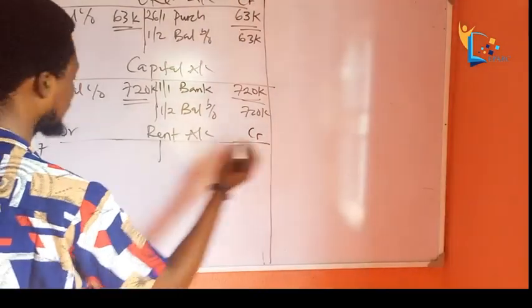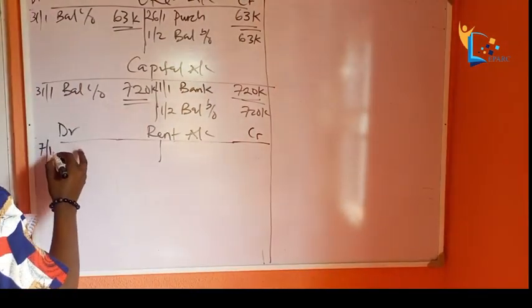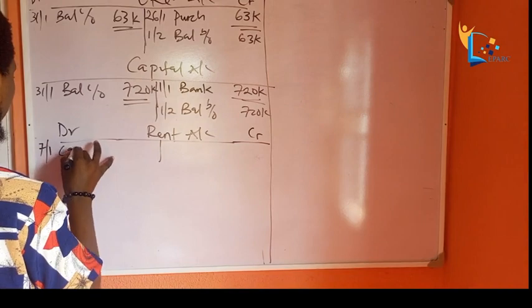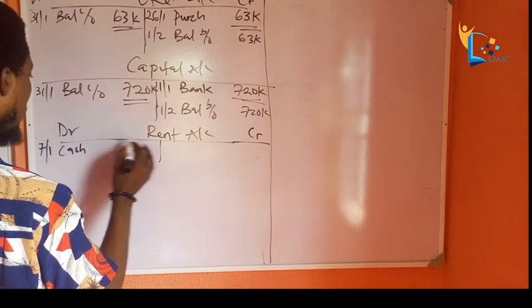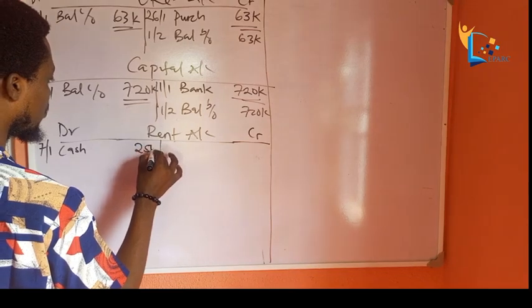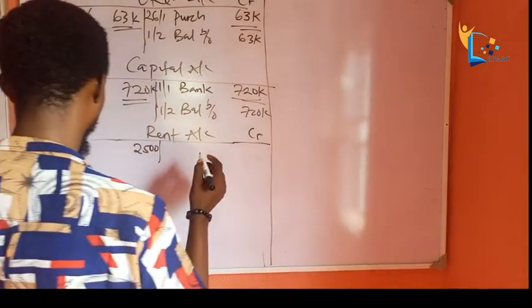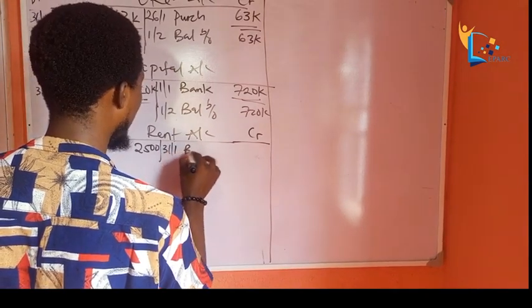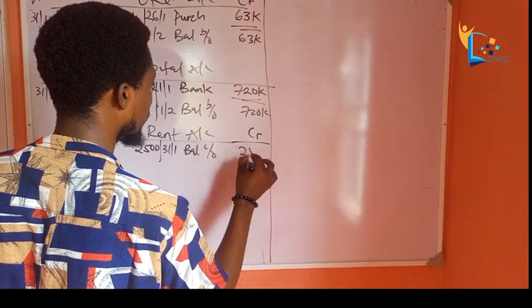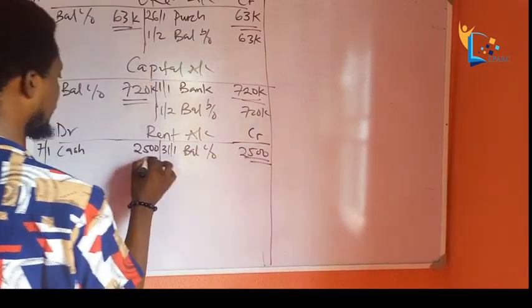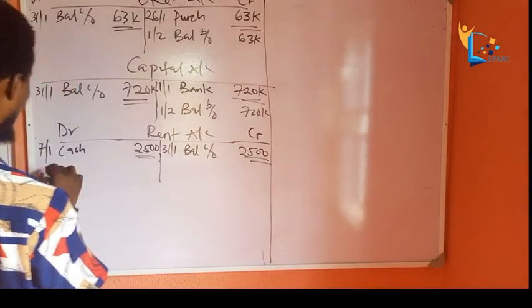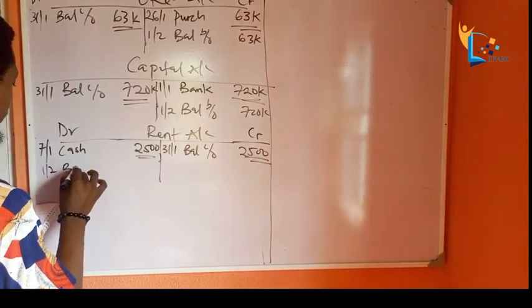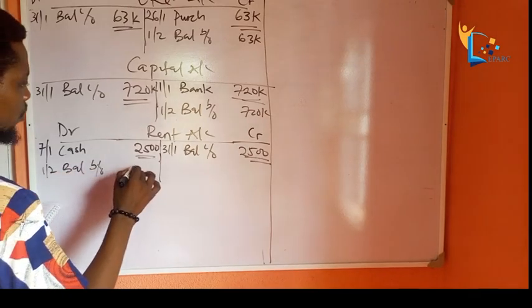So 7th of January, we have rent by cash, 25K. So 31st of January, we have balance carried down, 25K. 1st of February, balance brought down, 25K.